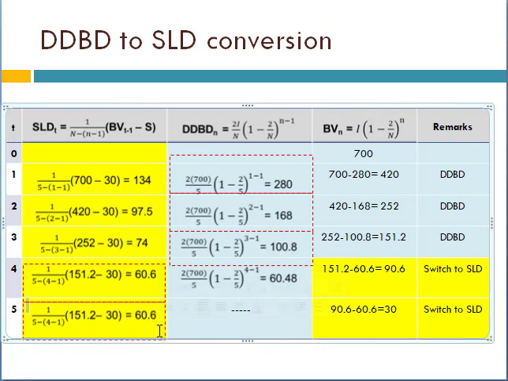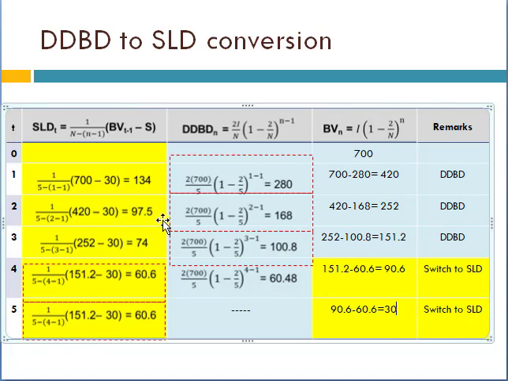Okay, 60.6. Just take the previous book value minus the depreciation value that comes from the SLD. We have the constant number 60.6. Put the remarks again, switch to SLD.